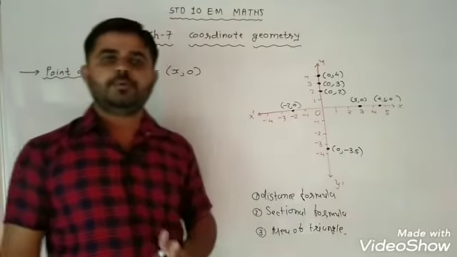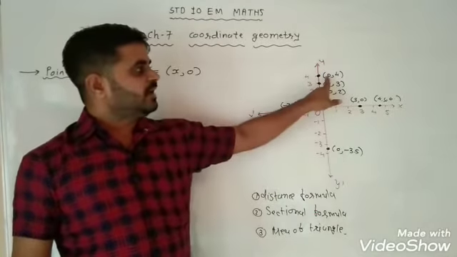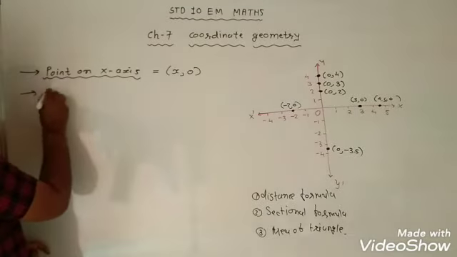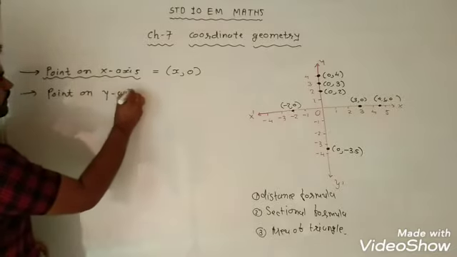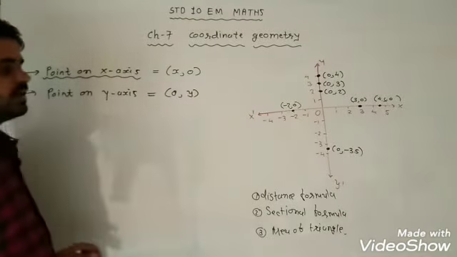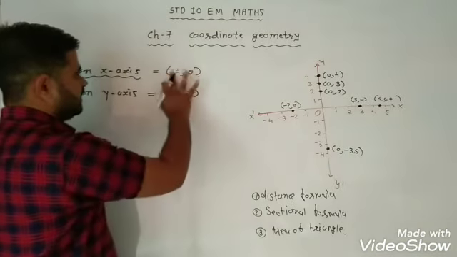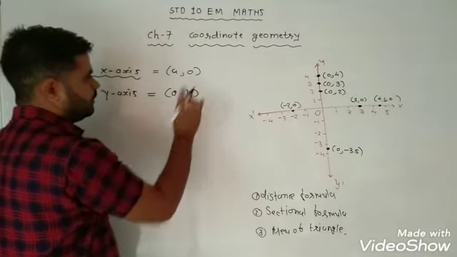Okay, so if the point is lying on the y-axis, then the x coordinate is 0. So we can write that a point on the y-axis is (0, y). Clear? We can also write (a, 0) and (0, b).